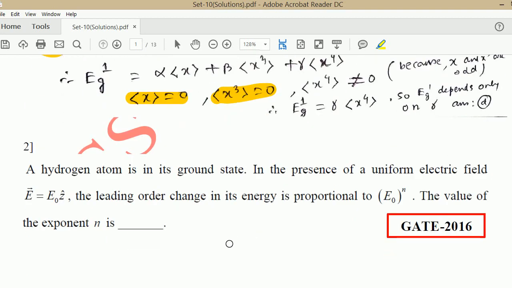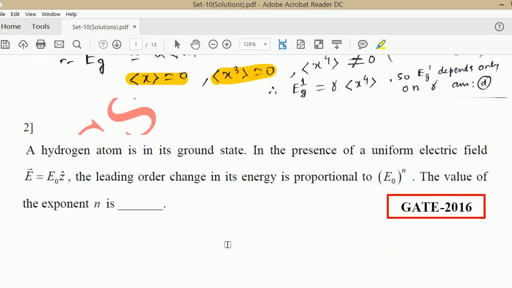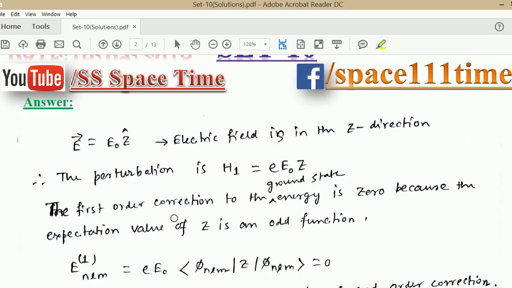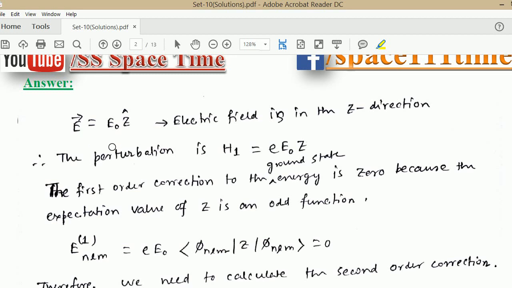Next question: a hydrogen atom in its ground state in the presence of a uniform electric field E equals E naught z cap. The leading order change in its energy is proportional to E0 to the power n. The value of the exponent n is. Now the electric field is in the z direction.